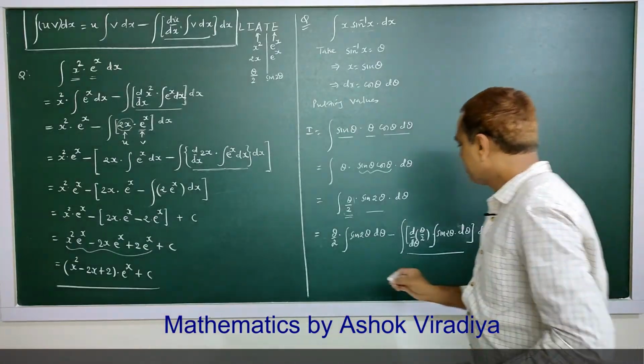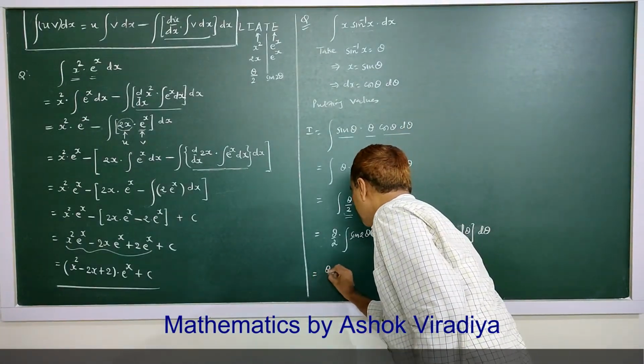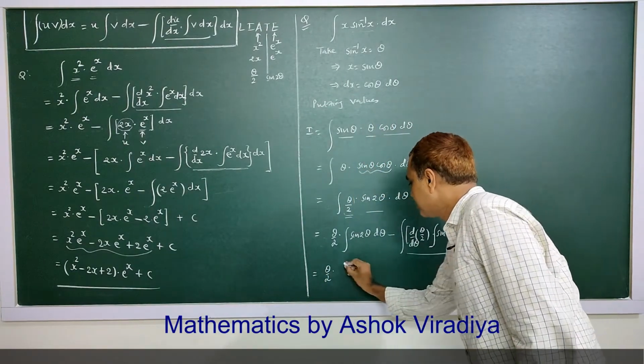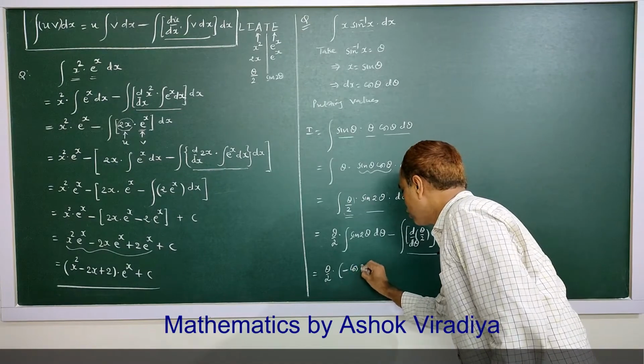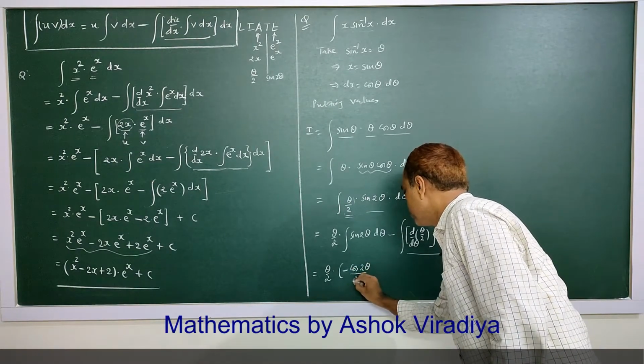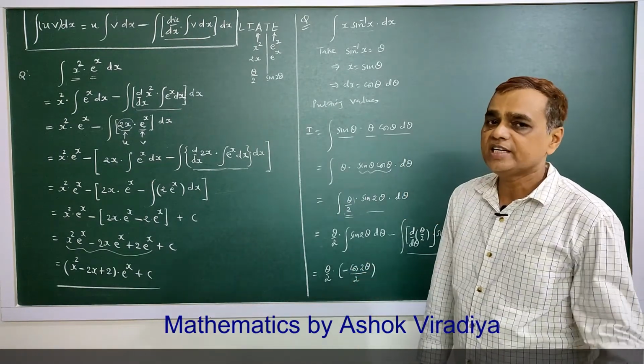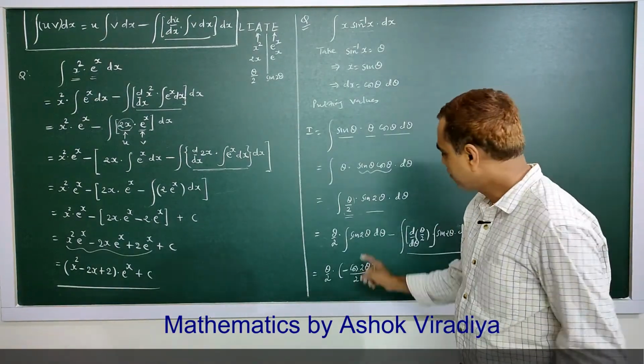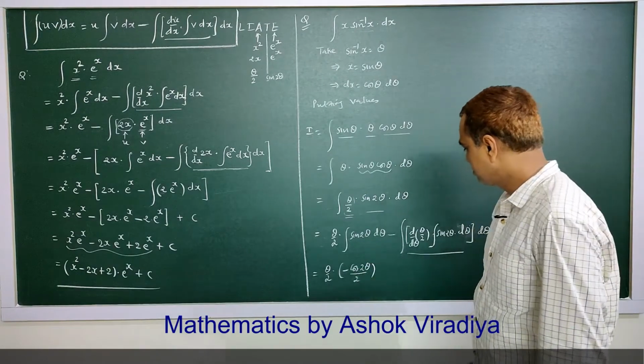So it is equal to theta by 2 into, now integral of sine 2 theta is minus cos 2 theta by 2. The coefficient of 2 is divided by 2.